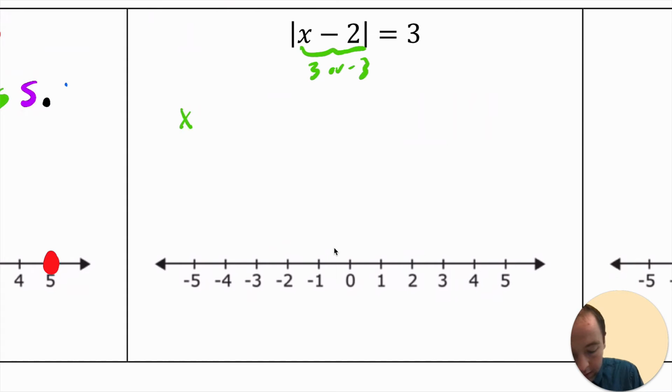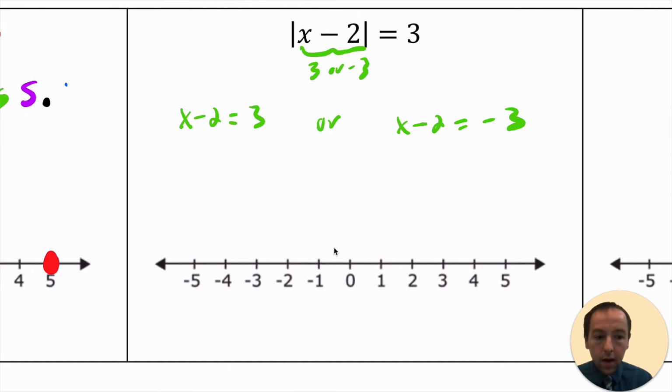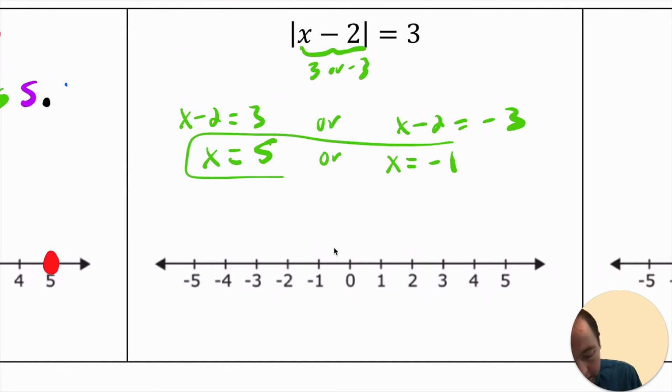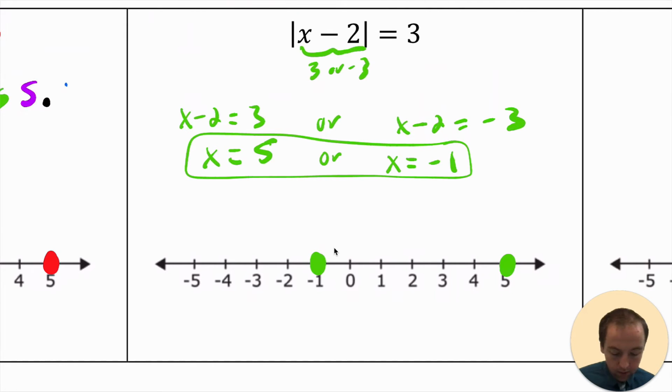So then we can set up two different equations. Solve both of them, so you add 2 to both sides for both equations. It's going to give you answers of 5 and -1. And then if we plot that on the number line, we get those two particular solutions.